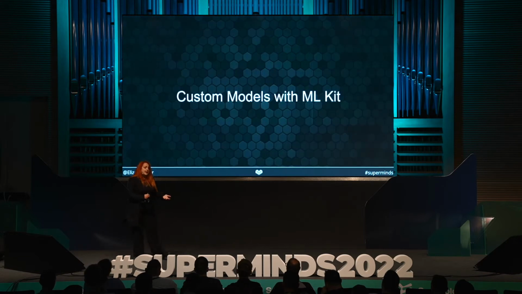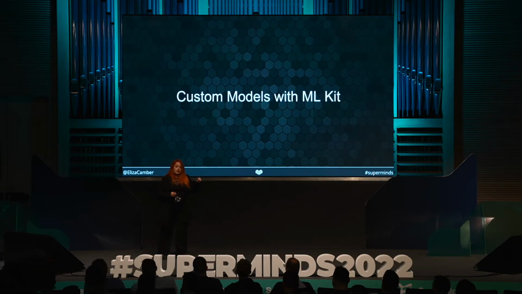But sometimes we have applications that don't really fall into those categories. Can we do something about that? Well, yes. We have custom models using ML Kit. You can customize those models, and there are also some pre-trained models. You put in your data set, and then basically it trains the existing model with your data set.